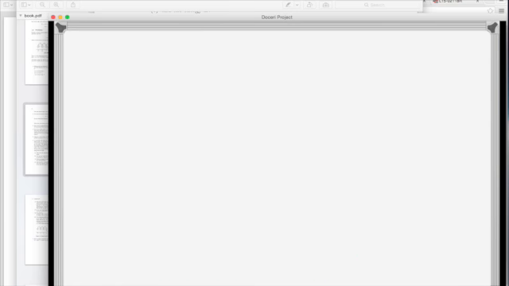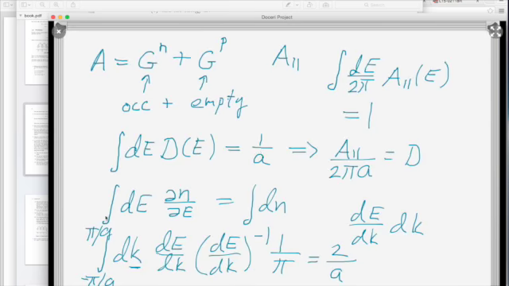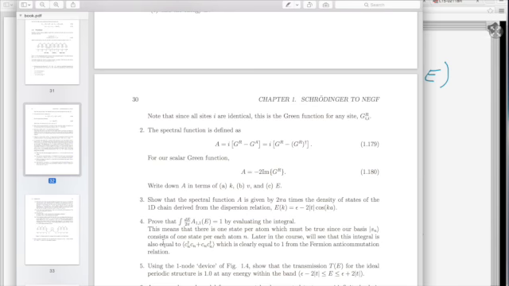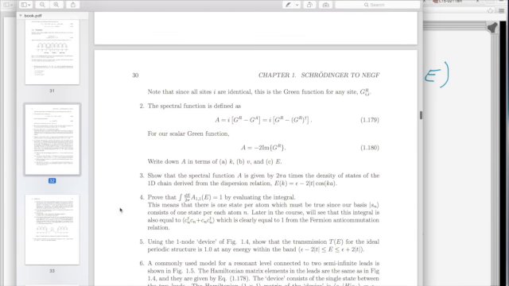All right, so what else did you have to do? Is that it? Oh, and then number 5 we had to do also. Show the transmission is 1 for the perfect lead. So you've got the exact Green's function G11.